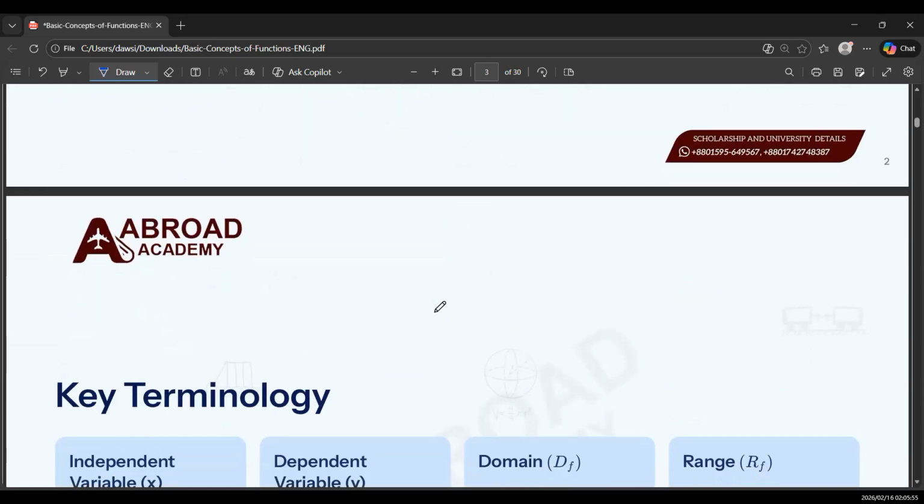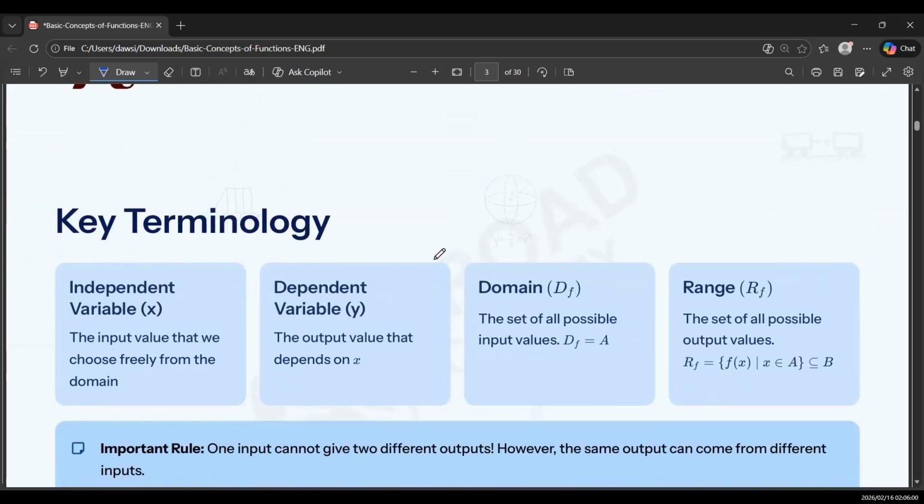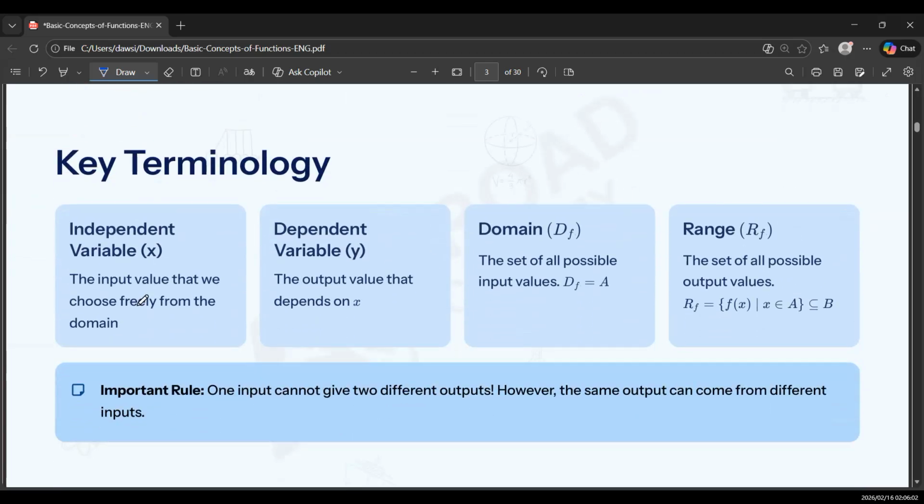Let's move to our next slide. Here's some key terminology about function. It's an independent variable x and dependent variable y. What is an independent variable? The input value that we choose freely from the domain, and the dependent variable is the output value that depends on x. The domain is expressed as D sub f, the set of all possible input values.